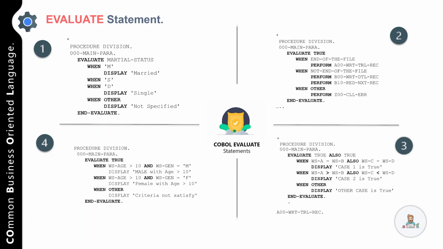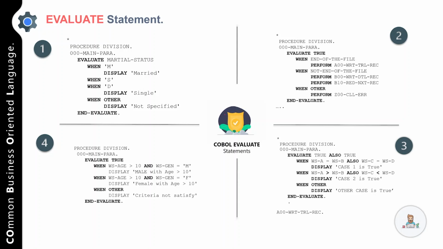If you notice, we have an evaluate statement, and thereafter we have a variable, that is marital status, and the values of this marital status are specified with the when clause. So when the value is M, it will display married. In case the value is S or D, it will display single, and in case the value is other than that, it will display not specified.